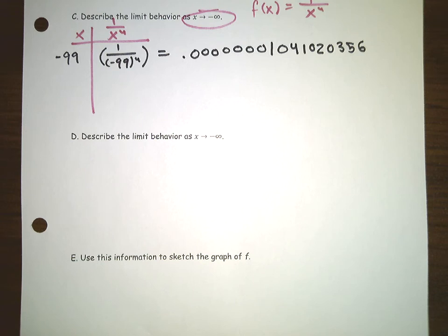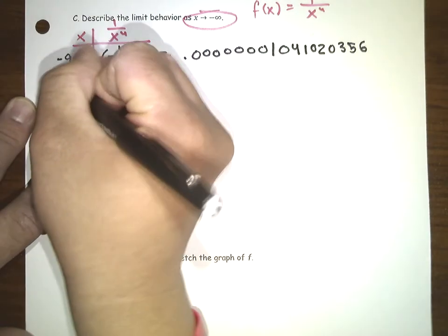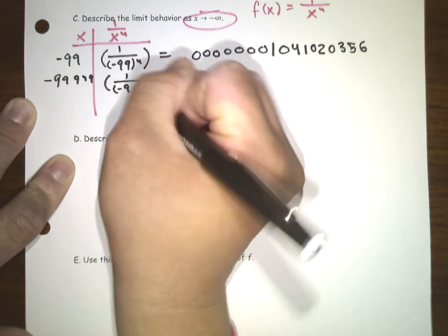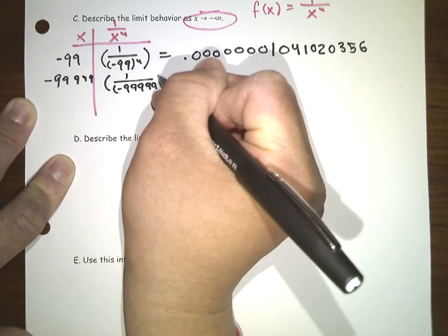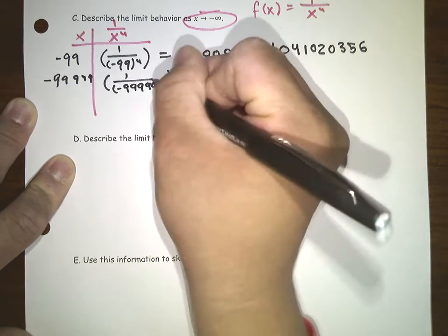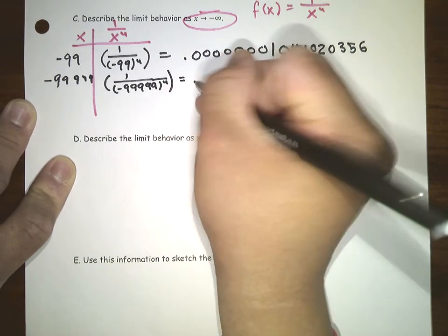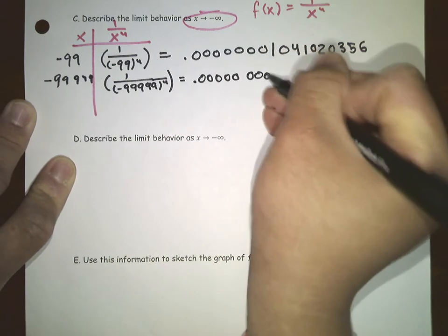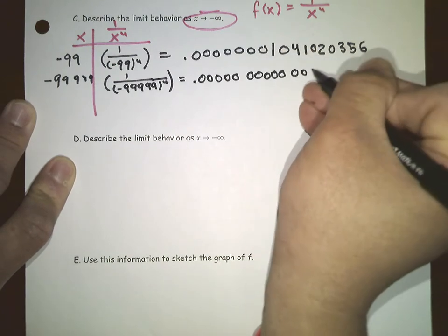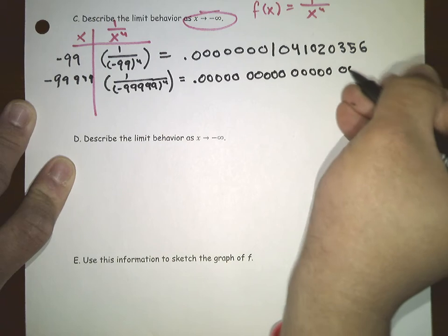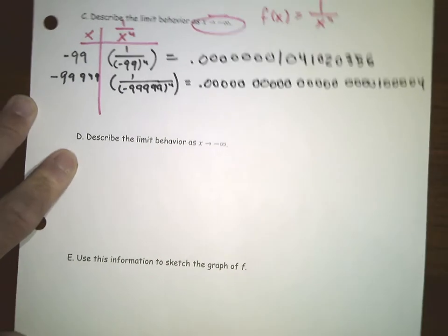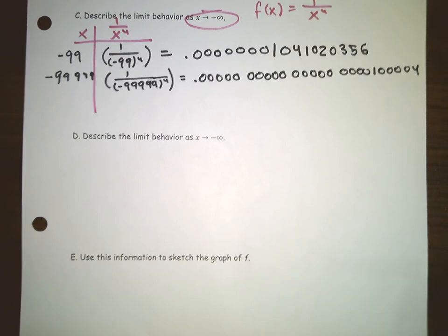But if I want to try a different number, negative 99999, I could, right? So negative 99999 to the fourth, I would get 0.0000000000000001000004.